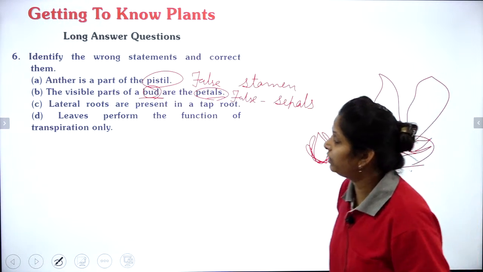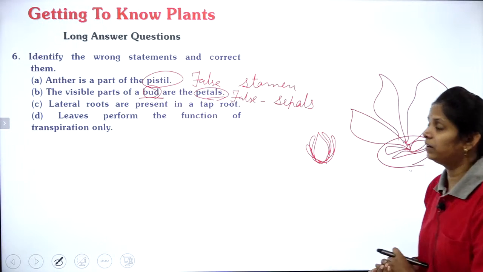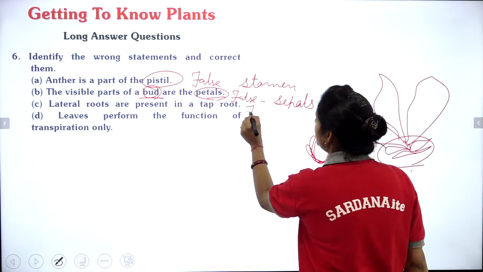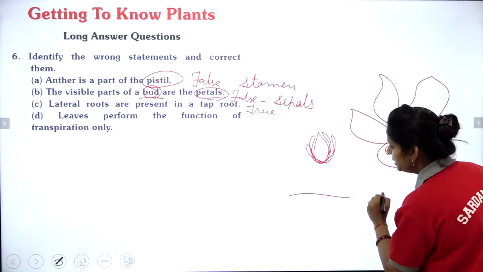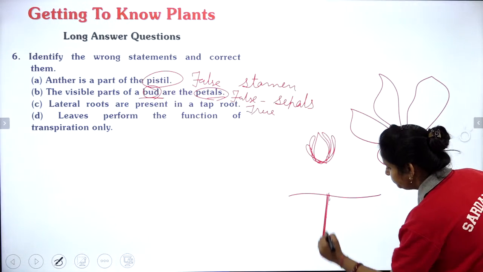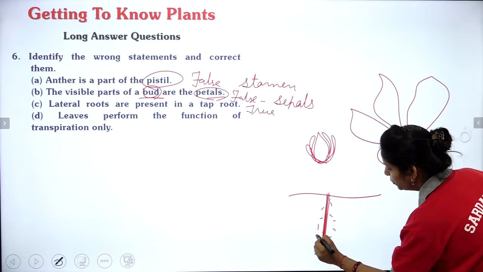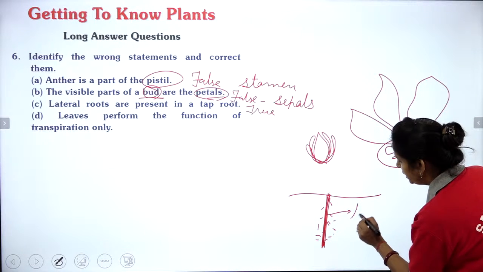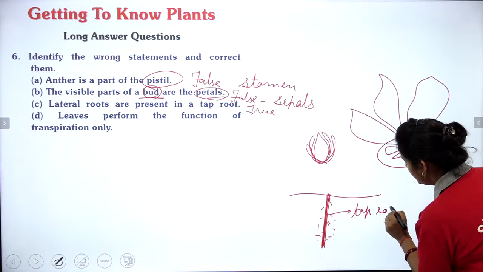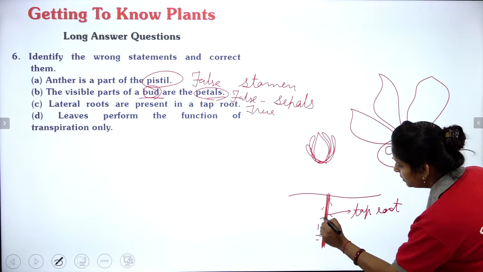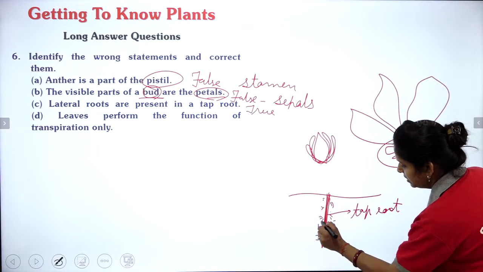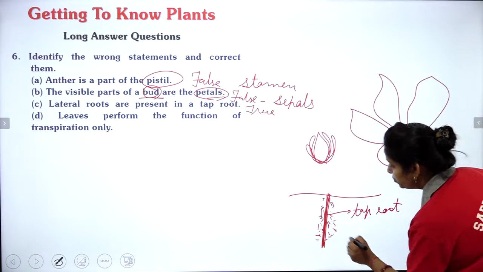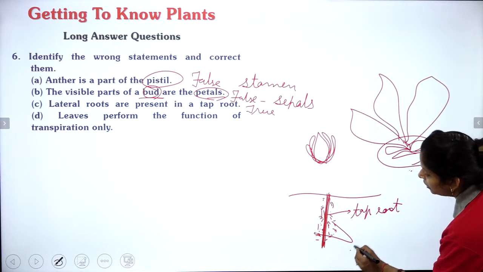Okay. Then after, lateral roots are present in a taproot. What do you think about this statement? It is an absolutely true statement. Why? You just see, this is the taproot, the main root, and these are very fine fibers which we can see along with the taproot, and these roots are called lateral roots.